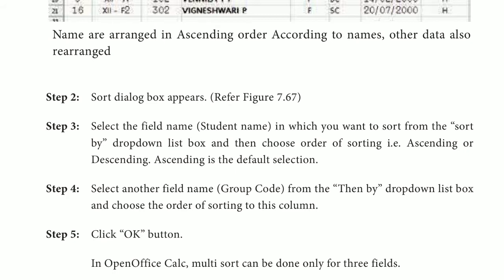Choose the order of sorting, that is ascending or descending. Ascending is the default selection, which means it will be selected by default. Select another field: from the drop down list box you have to select group code, and press OK.